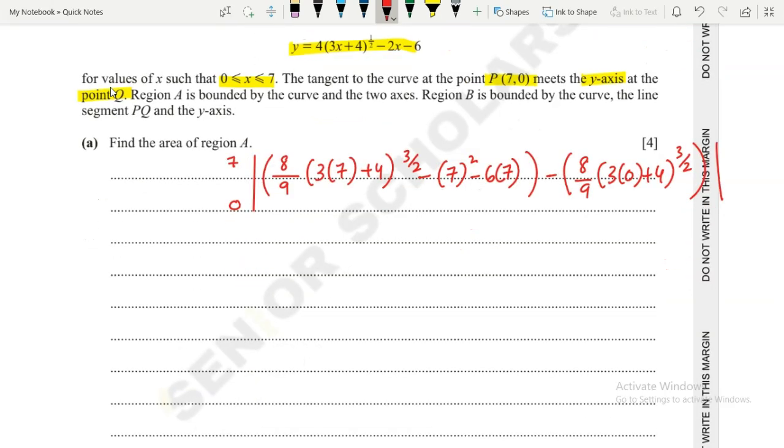Calculating 21 plus 4, 25 to the power 1.5 is 125, times 8 divided by 9, gives 1000/9, minus 49 minus 42 becomes 181/9. Then minus (8/9) × 4^1.5, and 4^1.5 is 8, so this is 64/9. Let's calculate: 181/9 minus 64/9 comes out to be 13 units squared as well, because it is the area.